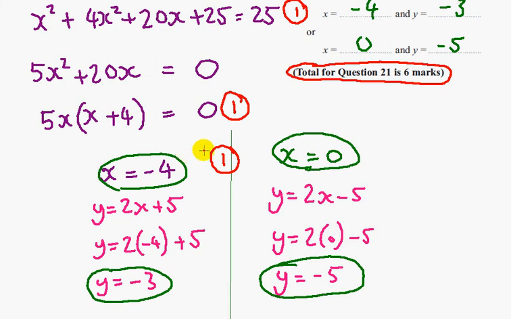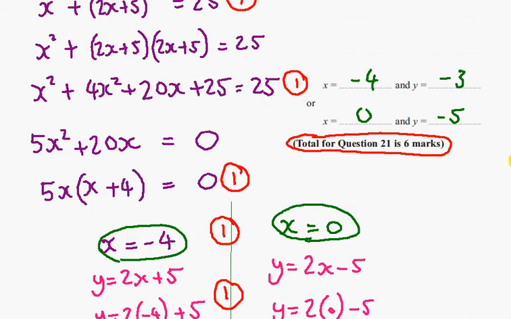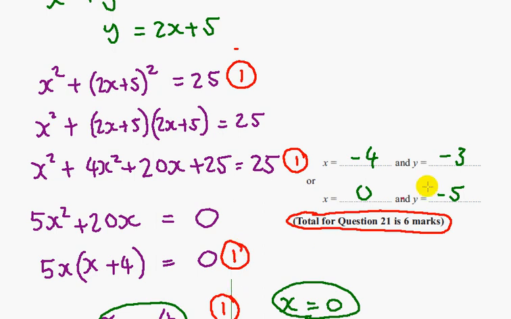The fifth mark is for then substituting the x values into the second equation to get the y value. And the last and final mark, let me just check, that's 1, 2, 3, 4, 5.